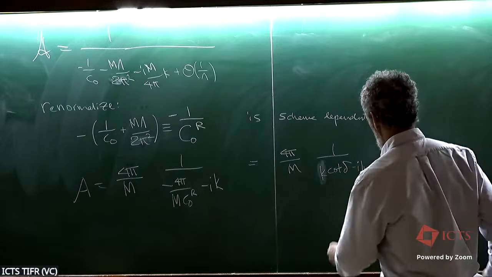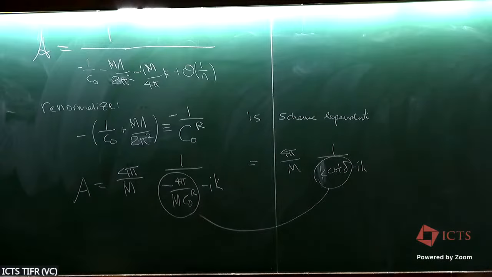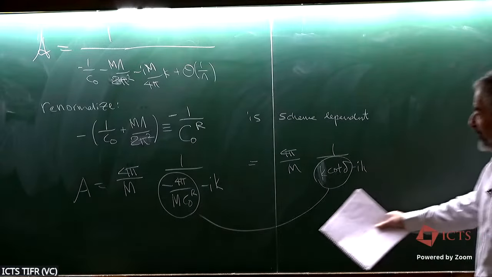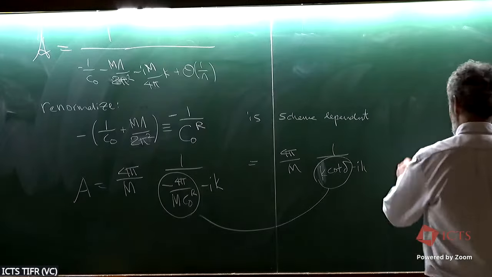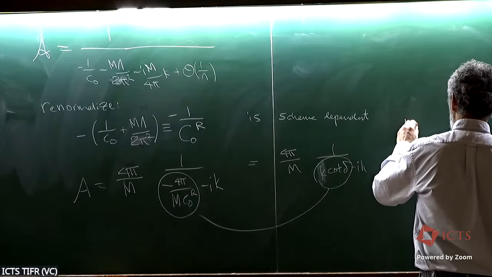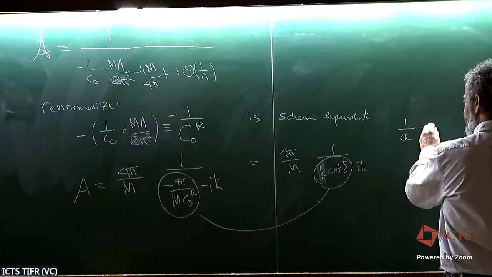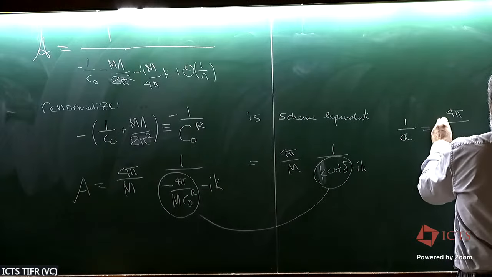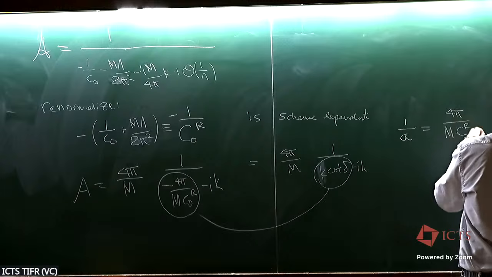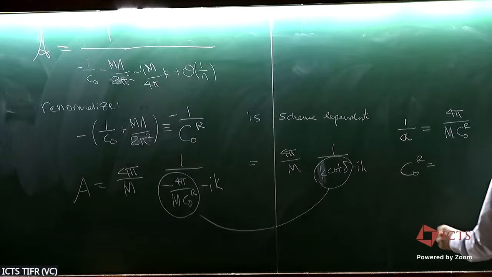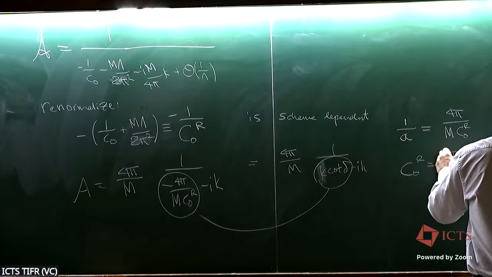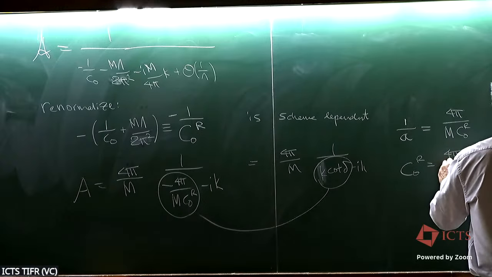So you can see that this effective field theory has replaced k cotangent delta with a much simpler thing, which is a constant, which can only work at low k. It tells you that 1 over a is equal to 4 pi over m C naught renormalized, or the matching condition for C naught renormalized is 4 pi a over m.